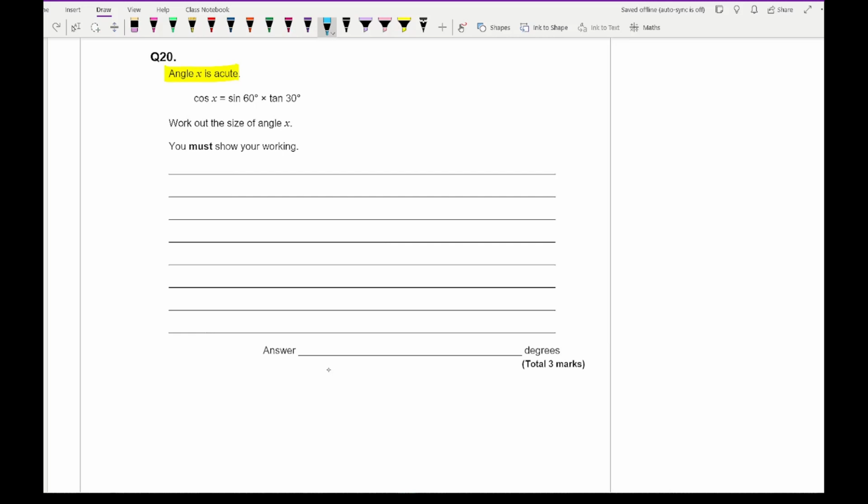So from this, what we then need to do is convert our sine 60 and tan 30. Now sine 60 is root 3 over 2. And tan 30 is equal to 1 over root 3. So converting this, what I've got is cos x equals root 3 over 2 times 1 over root 3.